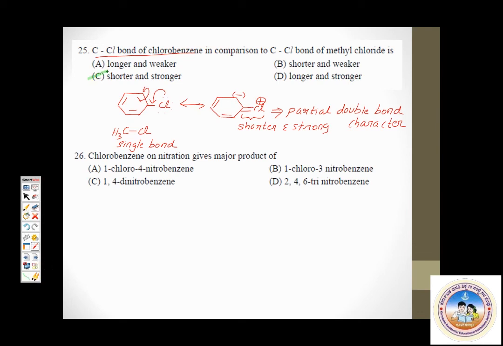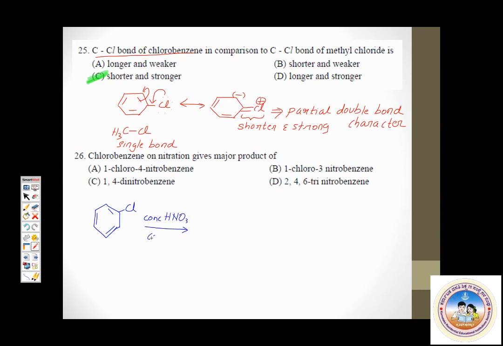Question number 26. Chlorobenzene on nitration. This is chlorobenzene. You treat it with a nitrating mixture. What is nitrating mixture? A mixture of concentrated nitric acid and concentrated sulfuric acid is a nitrating mixture.